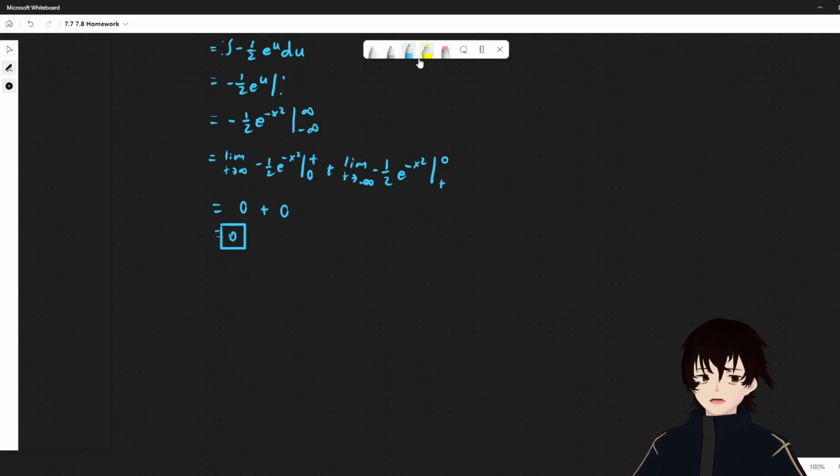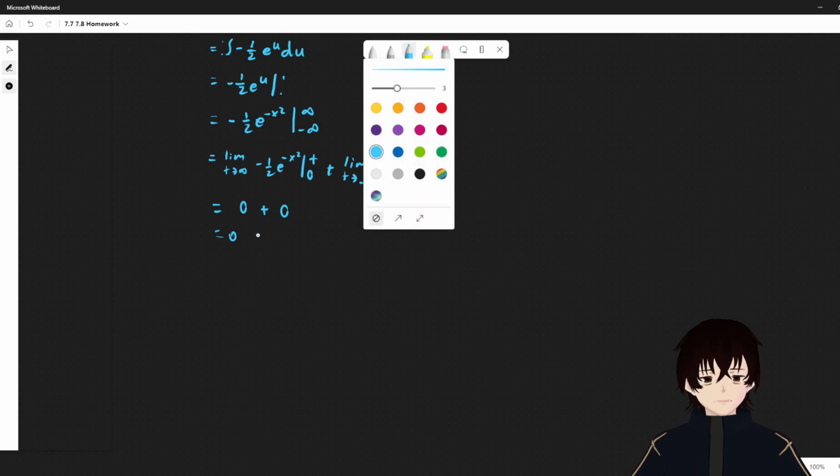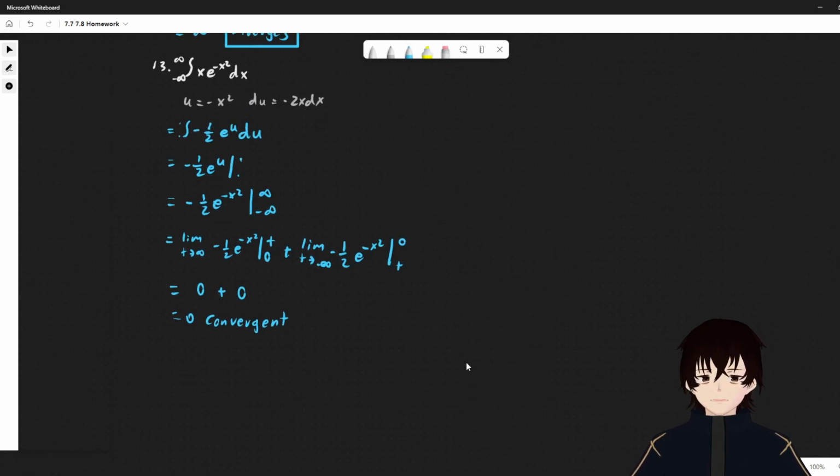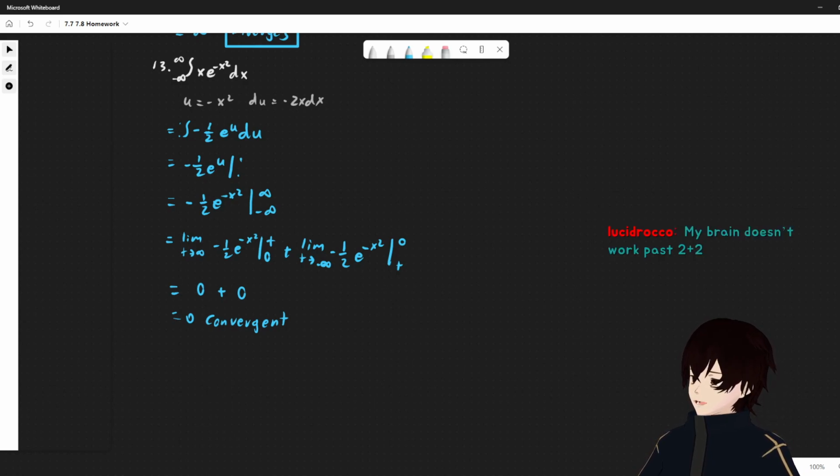Now, convergent. Let's erase this first. Convergent. And double check answers, of course. This is number 13 for 7.8.